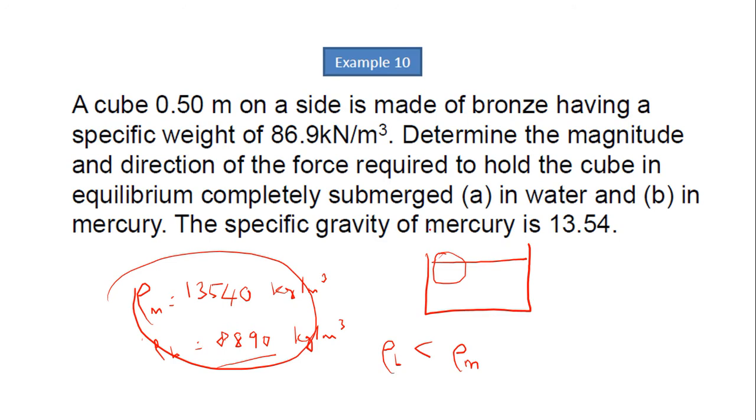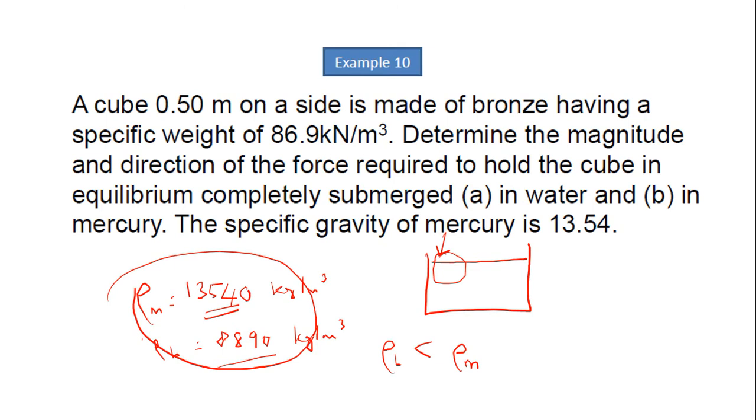So where should the force be acting on the bronze to make sure it is completely submerged? Downward. So it's different; tadi dia upward. Saya ingat dia dalam air lagi.